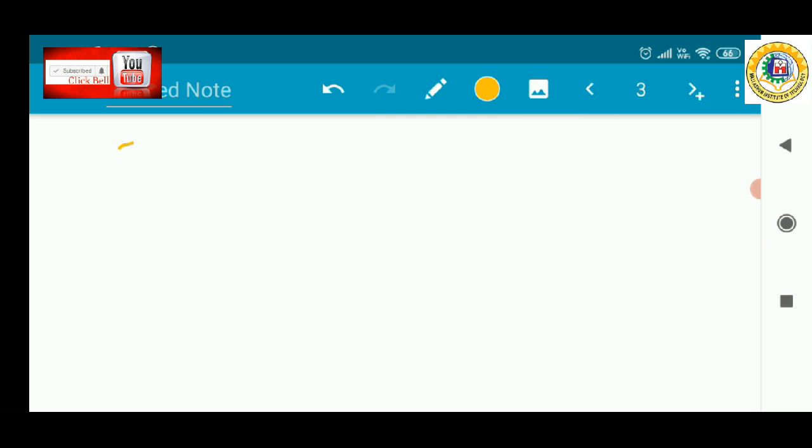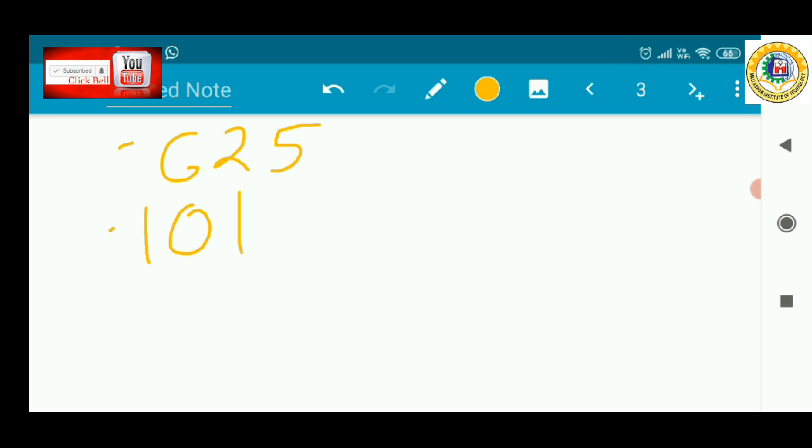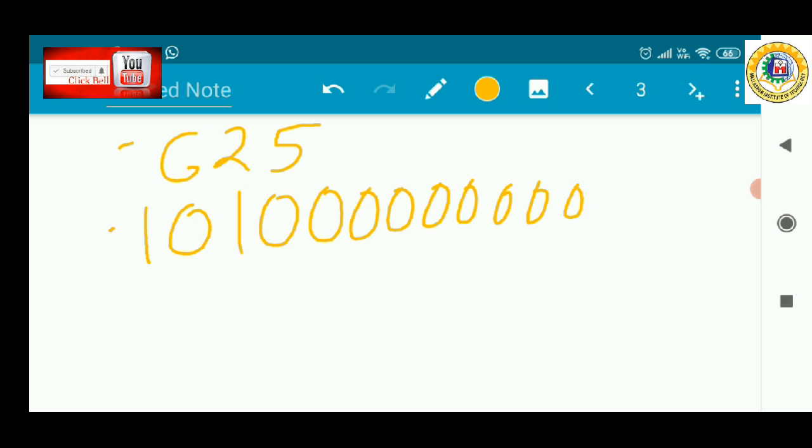So 0.625 is nothing but 0.101. This is 3 bits, and after that we have to use 13 zeros. So 1 2 3 4 5 6 7 8 9 10 11 12 13.